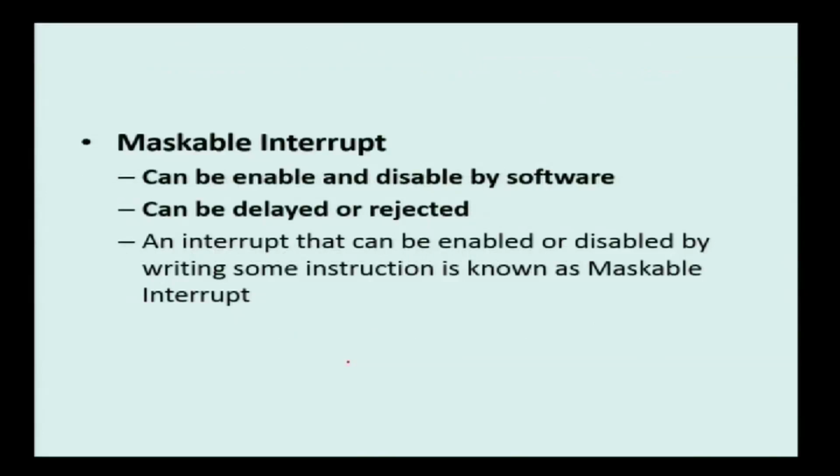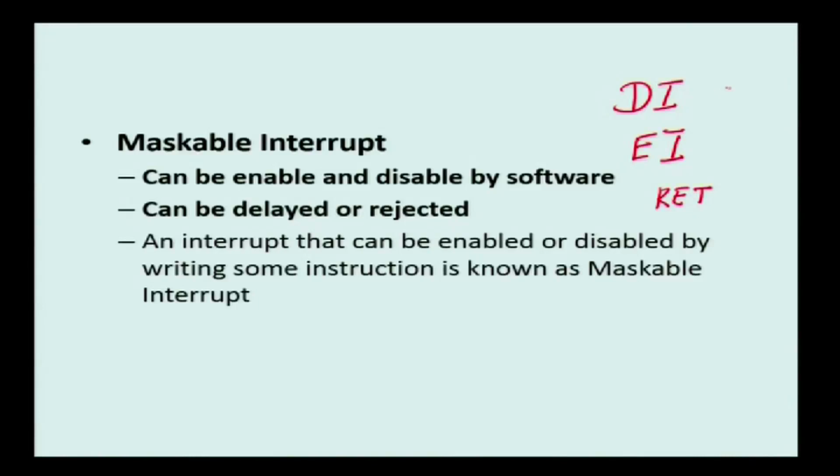First, we will discuss the maskable interrupt. A maskable interrupt means the interrupt can be enabled or disabled by software. For that, in 8085 we have three instructions for the interrupt.